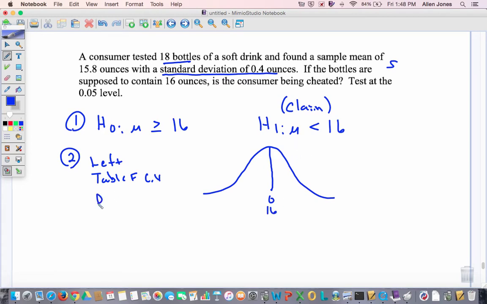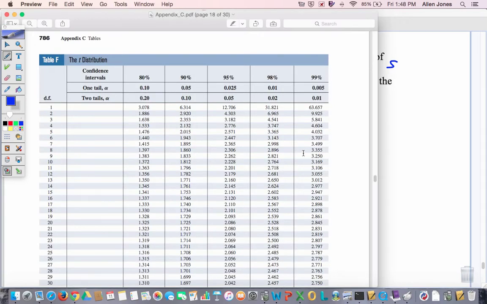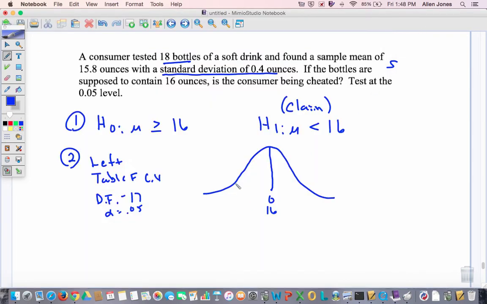And it looks like we have 17 degrees of freedom, and alpha is 0.05. So we're going to go to our table here and find a one-tailed test for alpha equals 0.05, and also our 17 degrees of freedom. So for a one-tailed test, alpha is 0.05. Down here to 17 degrees of freedom, I have 1.740. Notice that we're left-tailed, so that 1.740 is on this side, and because it's on the left-hand side of the curve, that is a negative number.